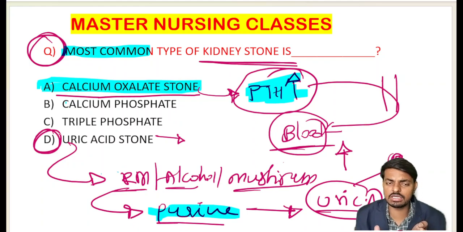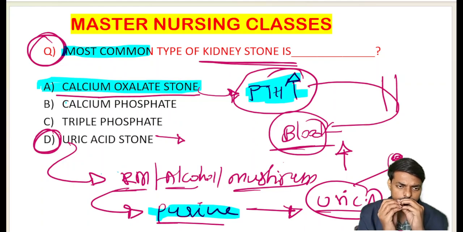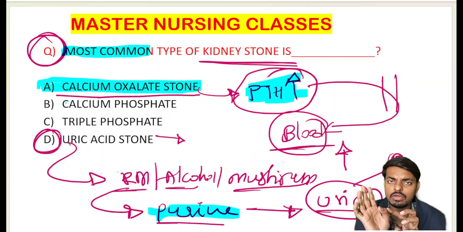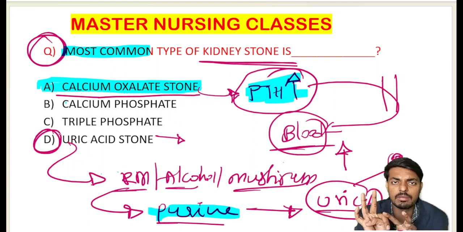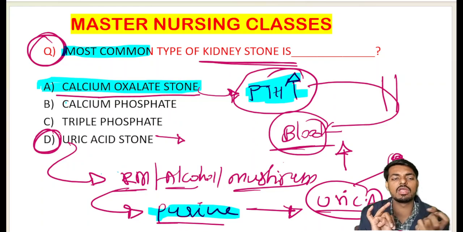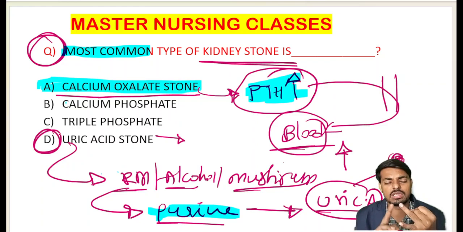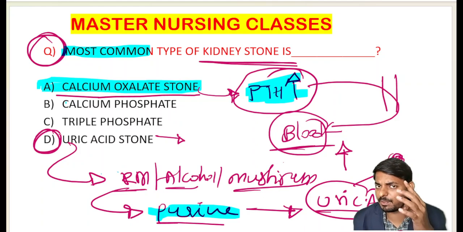So there is increased ammonium phosphate. Supersaturation between the ammonium phosphate, magnesium phosphate and calcium phosphate leads to the formation of the triple phosphate stone. That is the stone we also call the Struvite stone, infectious stone, Staghorn stone and triple phosphate stone.